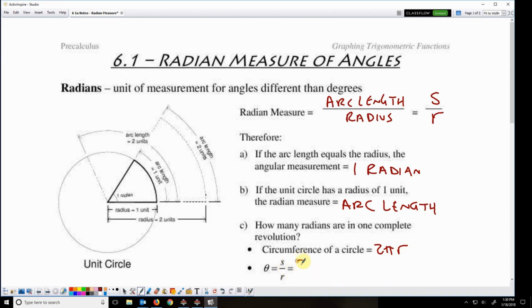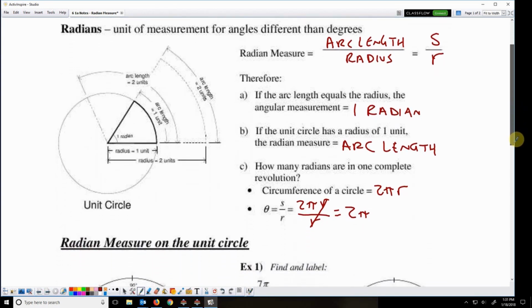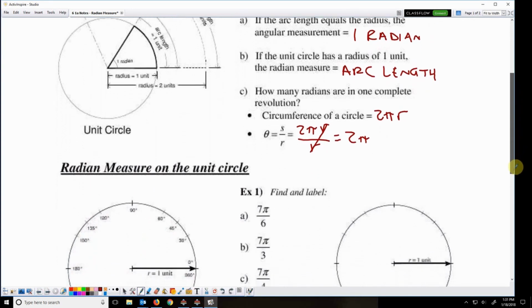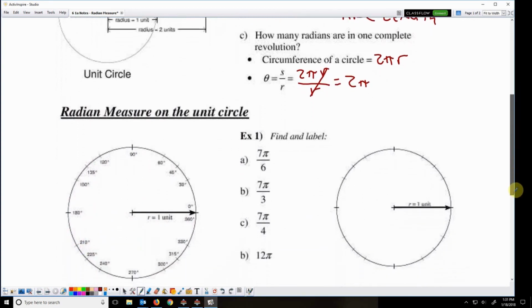So S would be 2 pi r for a whole revolution over r, and those r's cancel. So 2 pi radians is 1 revolution all the way around the circle. In other words, 2 pi and 360 are the same thing. 2 pi radians and 360 degrees are coterminal.